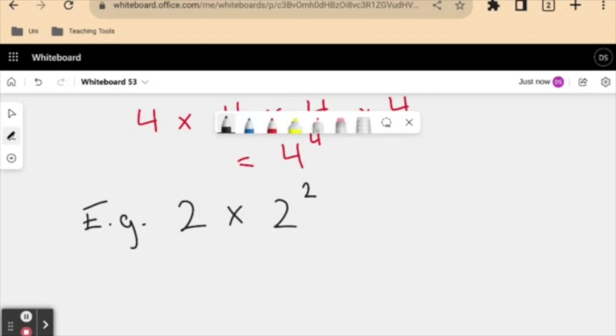Let's look at what we're essentially doing here. 2 squared just makes up 2 lots of 2, doesn't it? Because we have our base number and we have 2 2's that multiply by each other. So this is like writing 2 times 2 times 2.